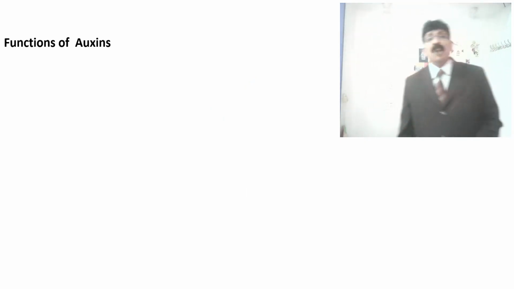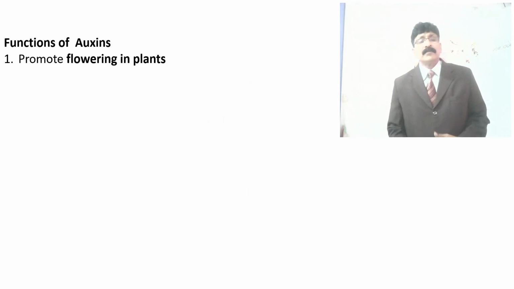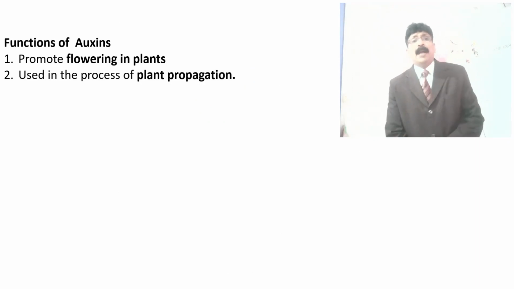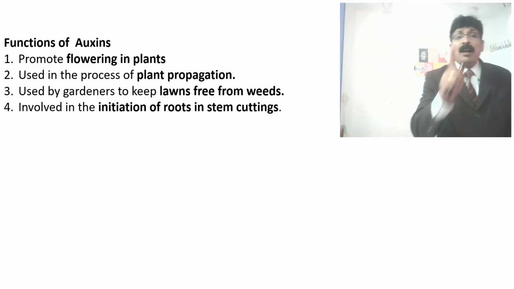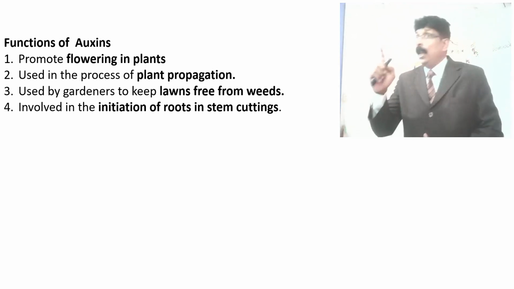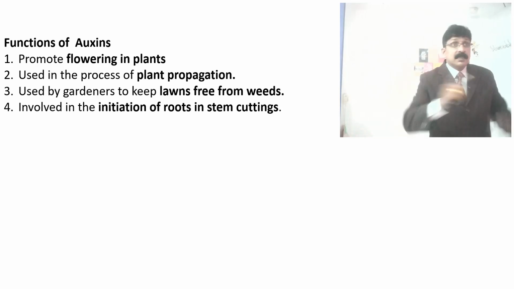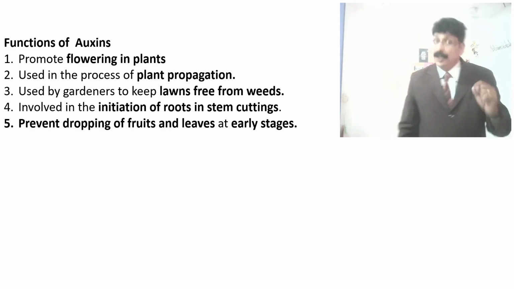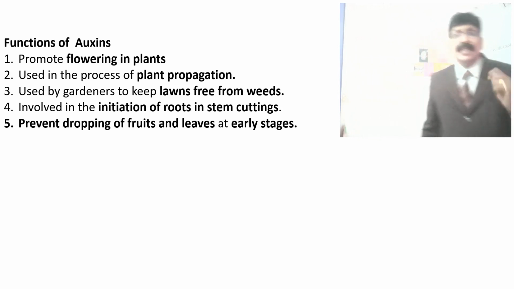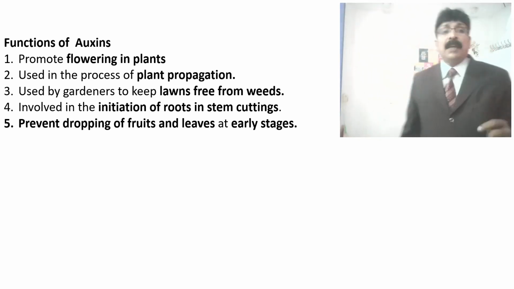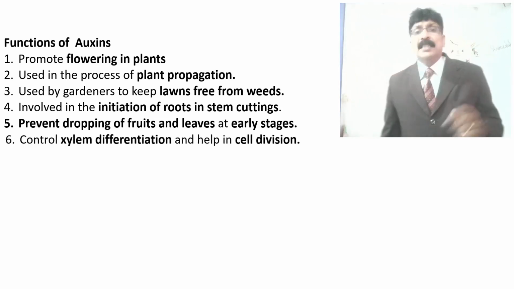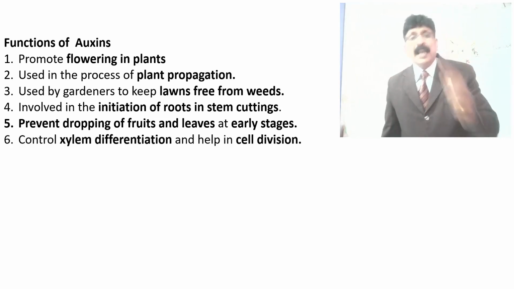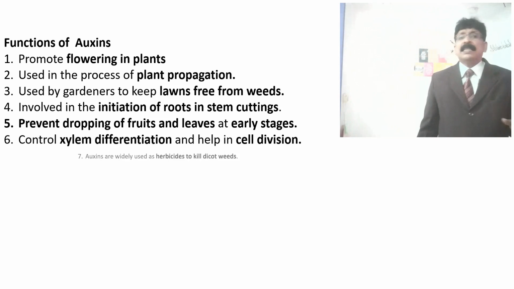Functions of auxins: to promote flowering in the plant; used in the process of plant propagation; used by gardeners to keep lawns free from weeds; involved in the initiation of roots in stem cuttings; prevent dropping of fruit and leaves in early stages; control xylem differentiation and help in cell division.